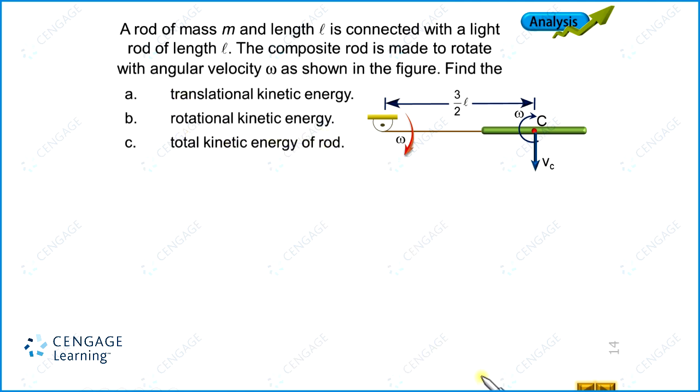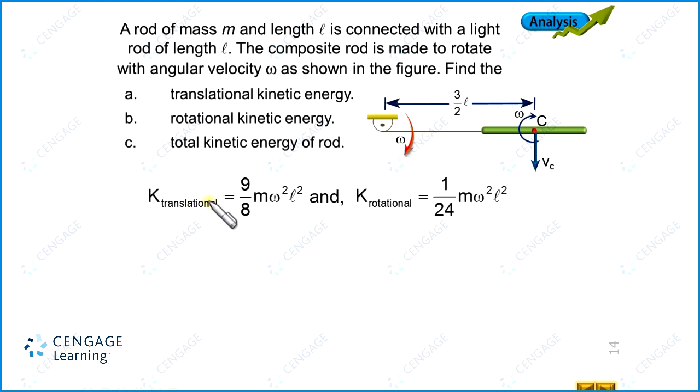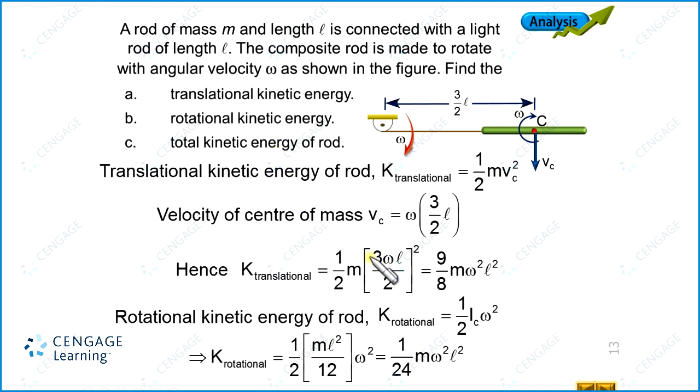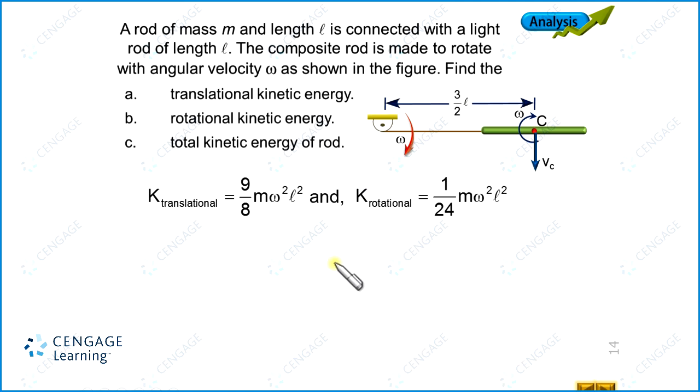Now the total kinetic energy is the summation of the A part and B part. So total kinetic energy equals K translational plus K rotational. Let us write the values we calculated in the previous slide and add these two terms.